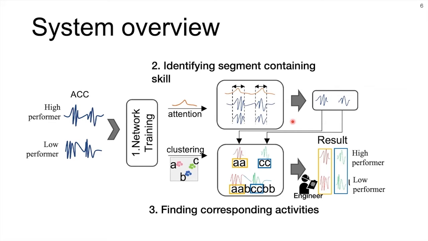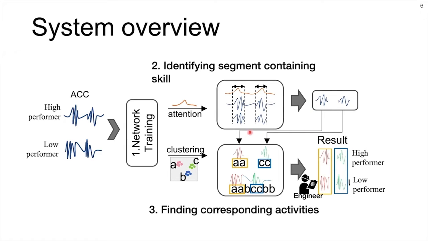This is the overview of our method. The input is the time series of every iteration of work for both high and low performing workers. The network is trained to classify high and low performers, where the attention mechanism is used to highlight some timings as candidate segments that potentially contain skill.